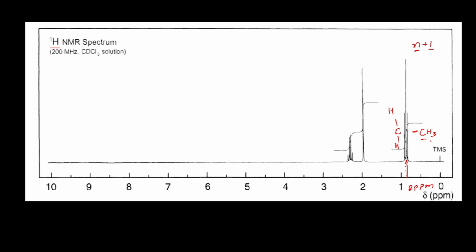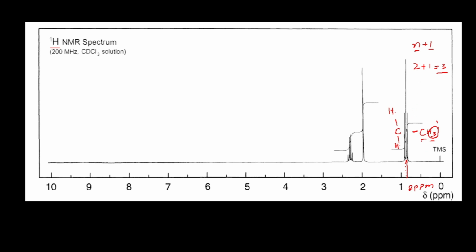Like here, all these H3 come at the same ppm value, but these 2 protons are in the vicinity of this specific kind of protons. So 2 plus 1, we will get a triplet like this. So this is the N+1 rule.